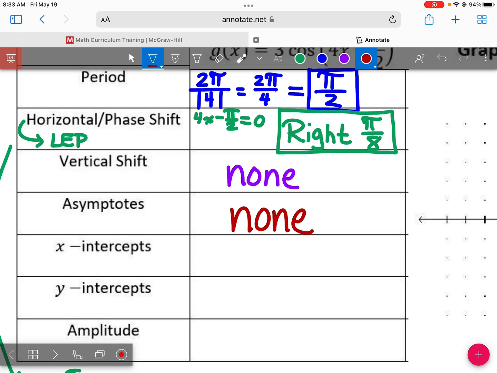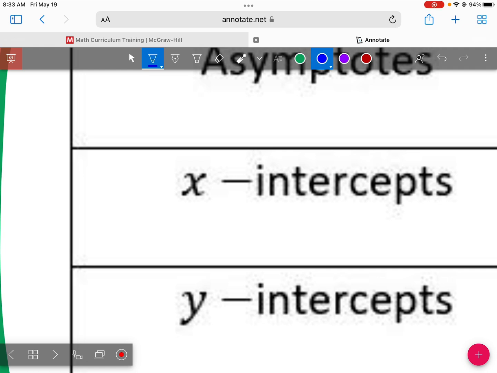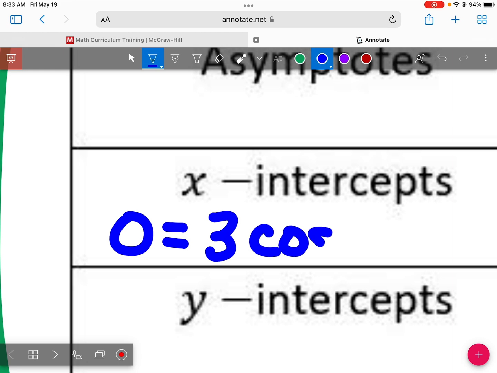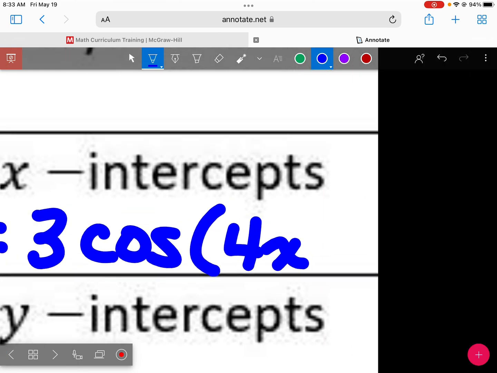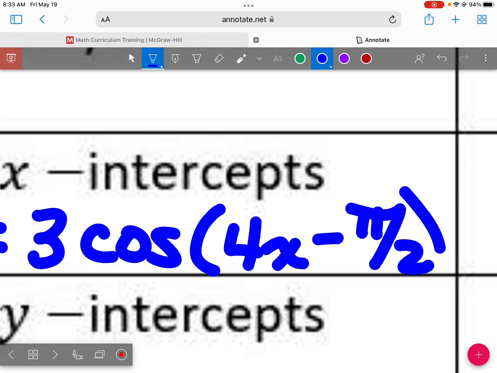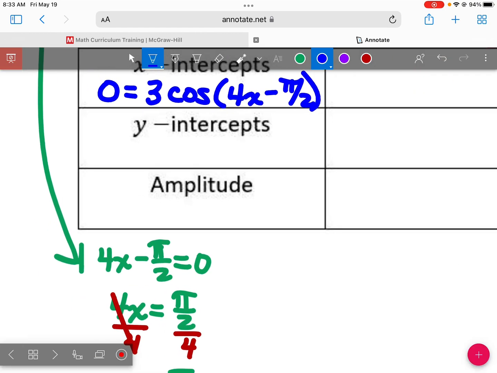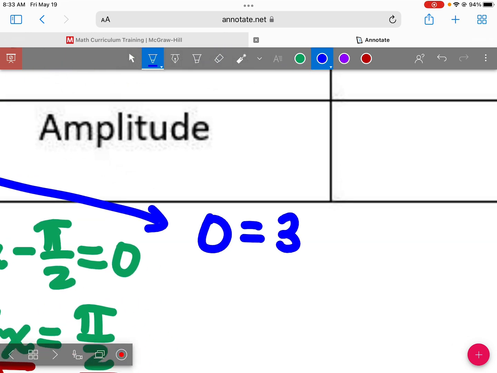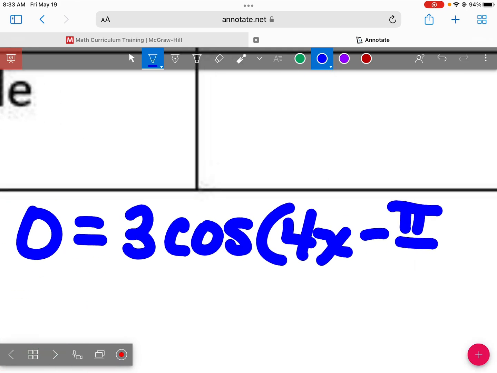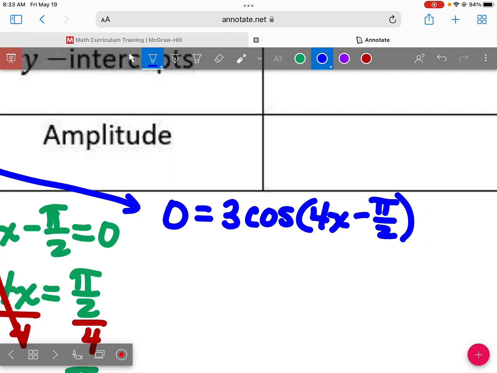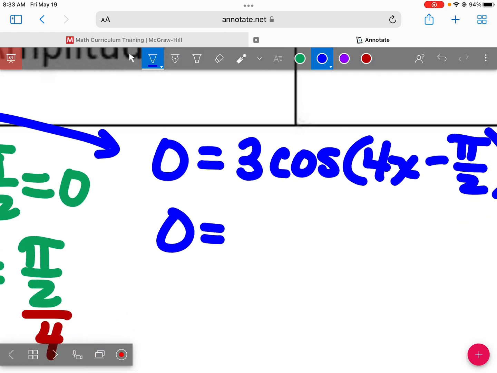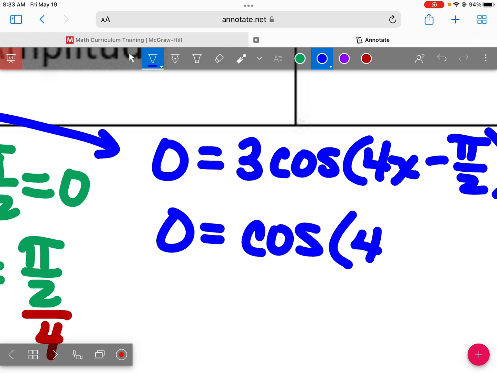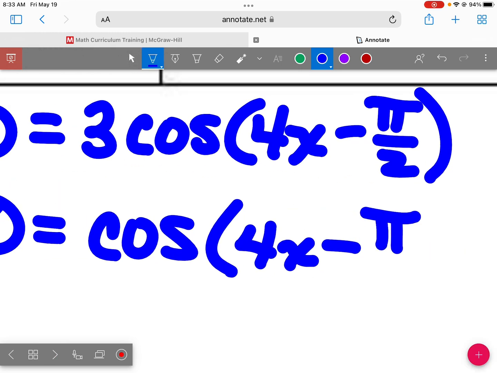X-intercepts. To find my x-intercepts, this is going to be 0 equals 3 cosine of 4x minus pi over 2. So I'm going to bring that down here. Divide both sides by 3, so I just get 0 equals cosine of 4x minus pi over 2.